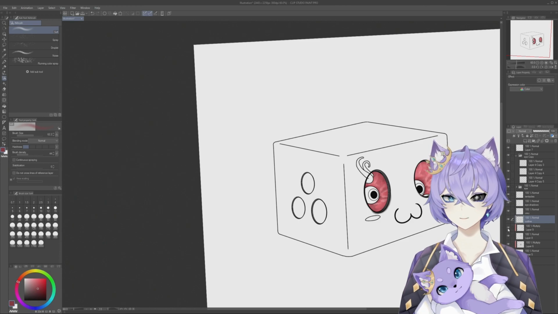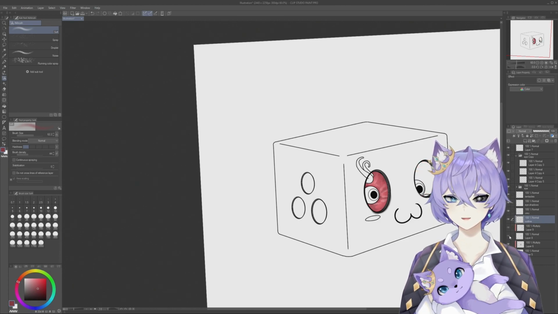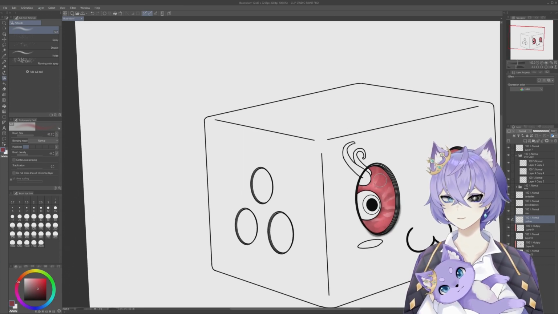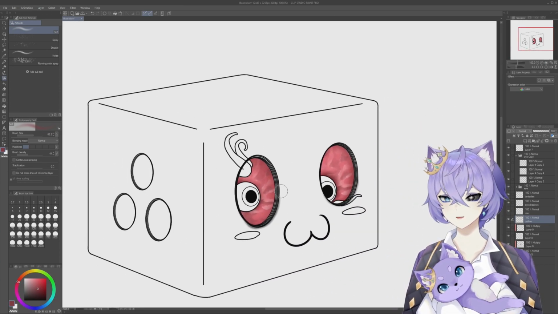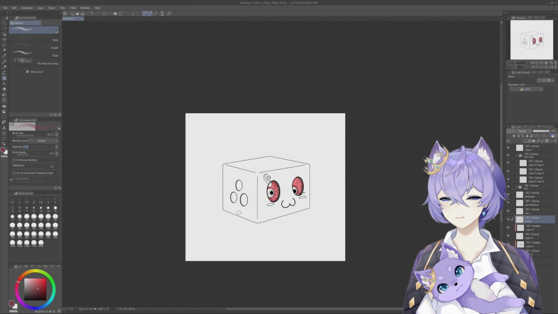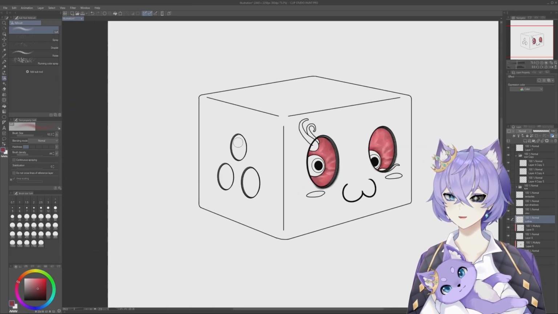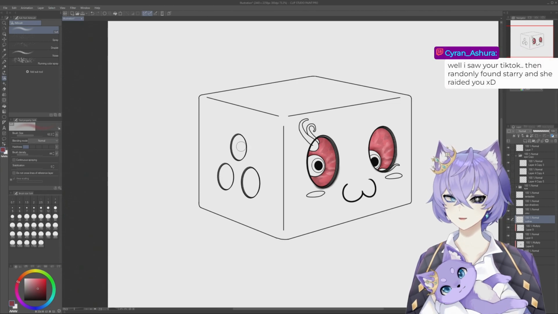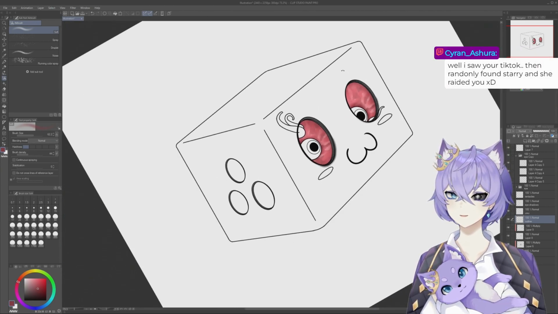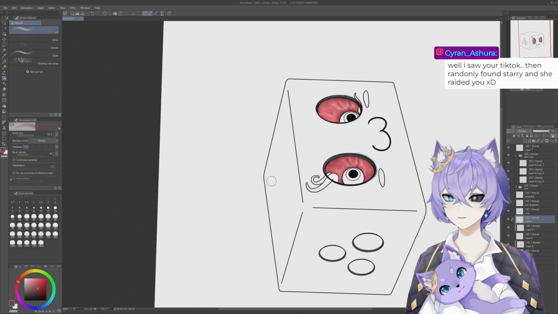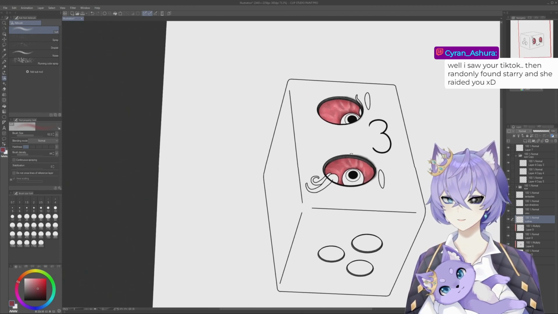We have meat and shading. Okay. So there should probably be meat showing through the holes in the dice as well. And then we need to probably put a hole up here.